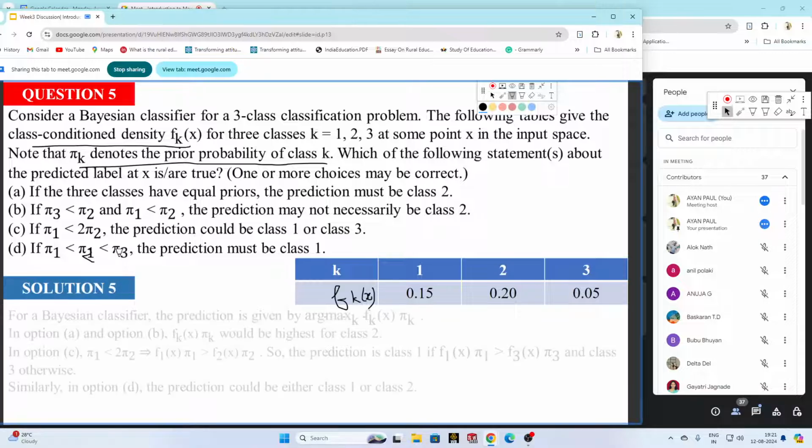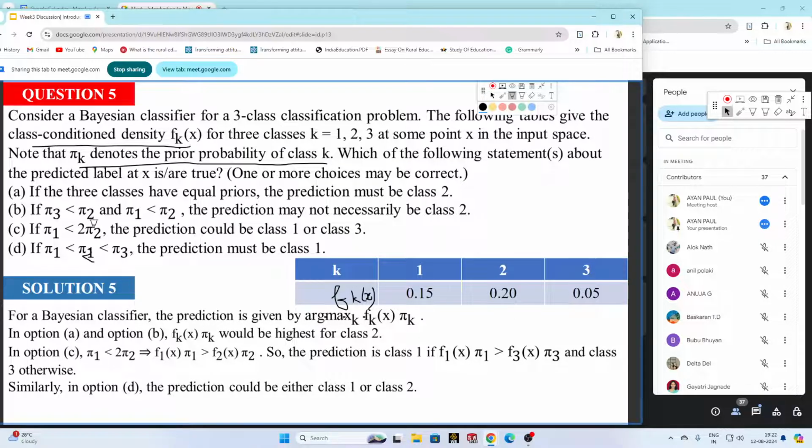So this is the explanation. For the Bayesian classifier, as we talked about with the Gaussian distribution, the prediction is given by arg max over k of f_k(x) pi k. By this we get the prediction.